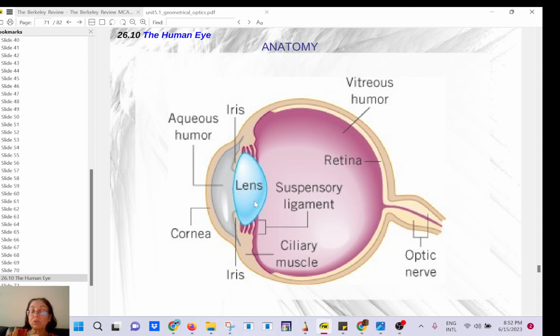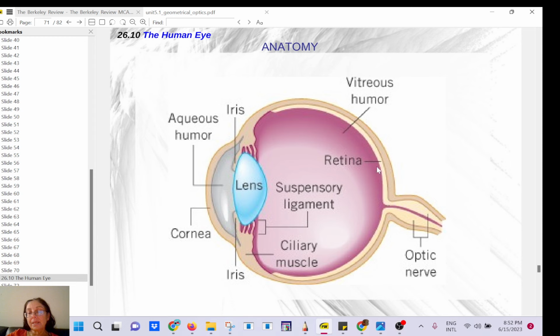So if you are trying to read very close, that lens will have to increase in size, so the focal distance will decrease. If you are trying to look very far away, the muscles will contract, then the lens will get smaller, and it's going to be thinner.